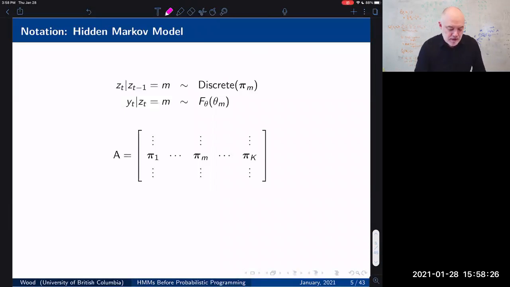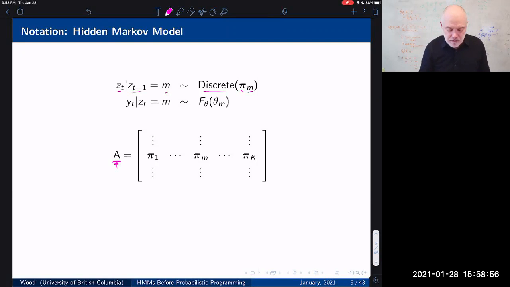Okay, so the notation we'll use today looks like this. This explains the A matrix that I was trying to talk about before and did in a hideous way earlier. The conditional distribution of Zt, given that Zt minus 1 equals m, will just be discrete, and the parameters of that discrete distribution are given by pi m.